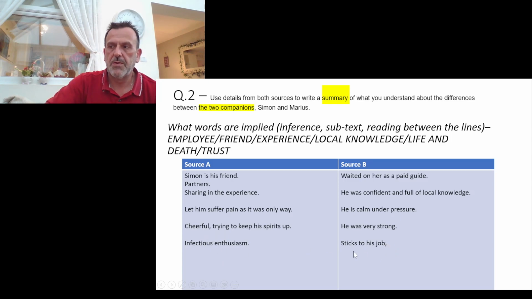And then the last one, I think, just sums up their attitude. Simon's full of infectious enthusiasm, whereas Marius is very much the professional, sticking to his job. Inside, he is being paid to do this because he is good at it.